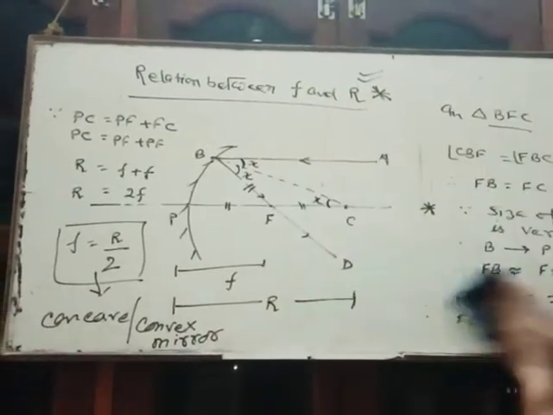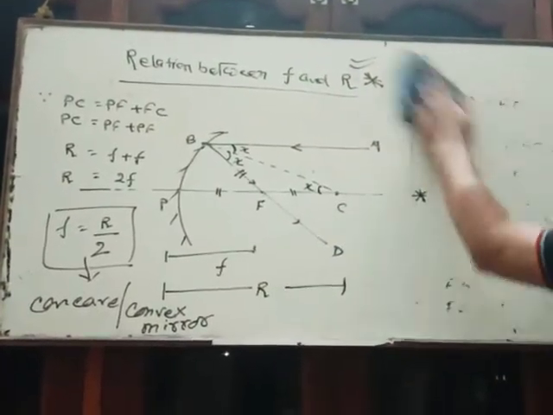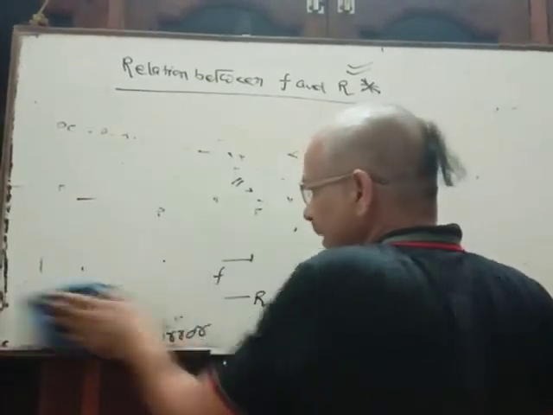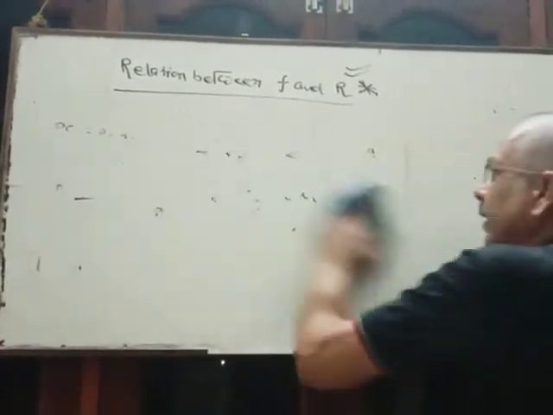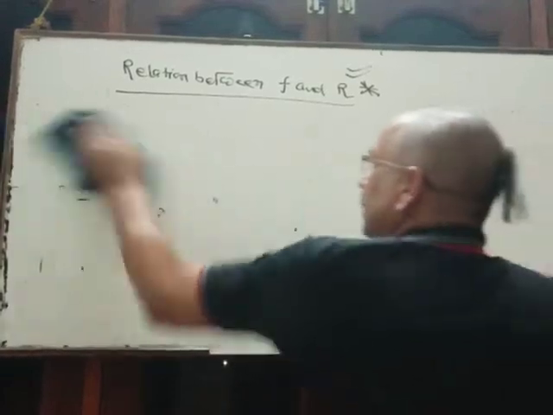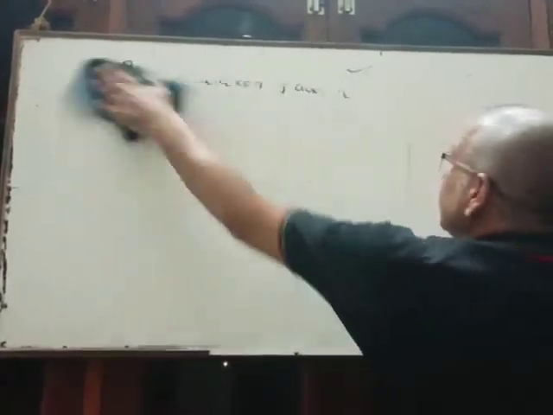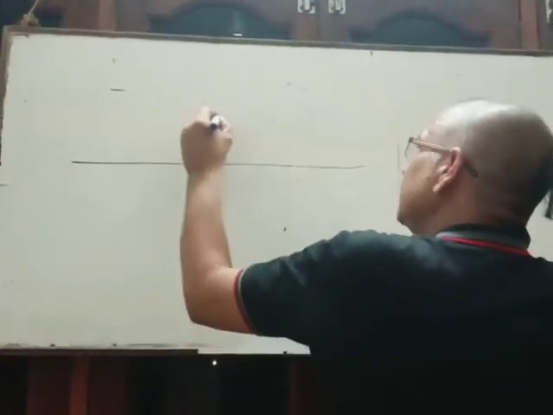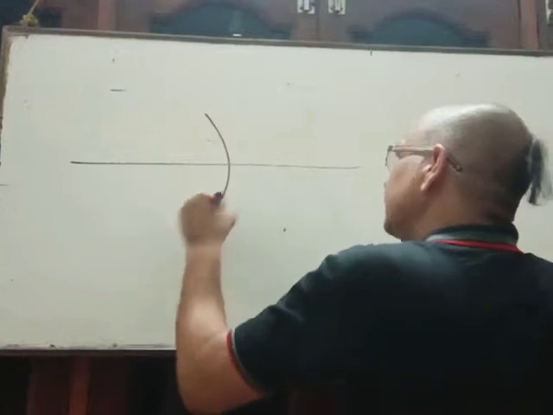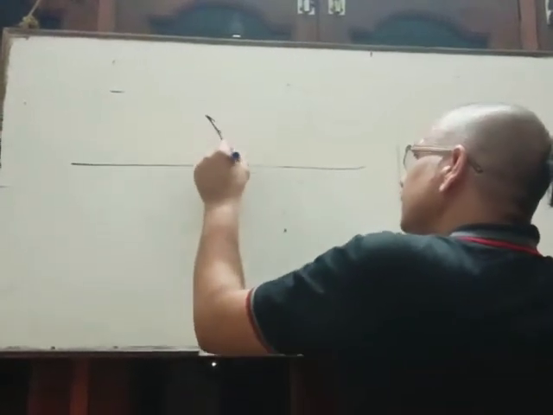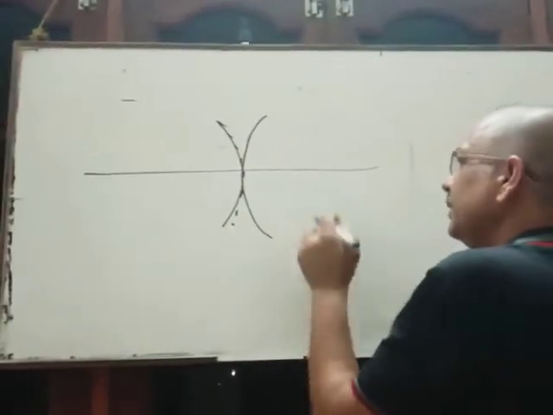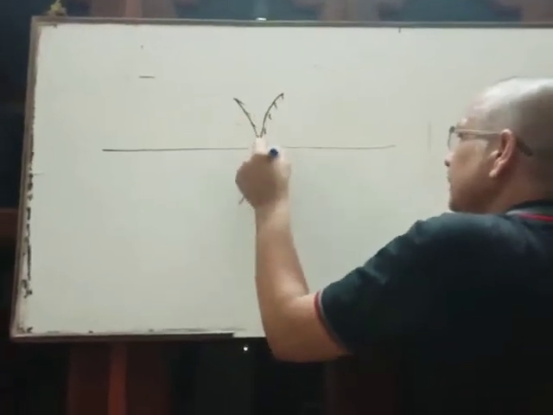Okay, let's see the sign convention. New sign convention for spherical mirrors, either concave or convex. It's very important here. Suppose it is a common principal axis. Suppose it is a concave mirror, and here very close to it, it is a convex mirror.